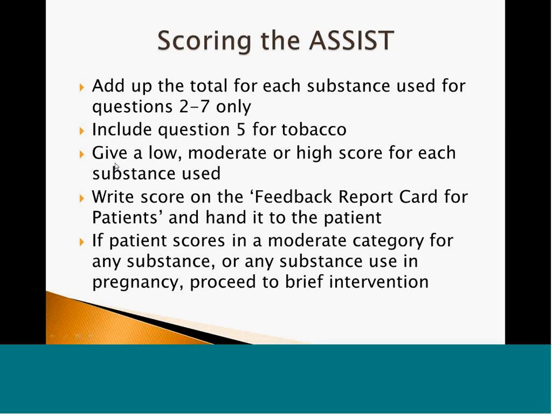If you have all of those scores added up, tobacco gets its own score, alcohol gets its own score, and cannabis gets its own score as well. You write those scores on the feedback report card for patients and then circle the category that they fall into. As you can see, the moderate categories for these substances are very generous.